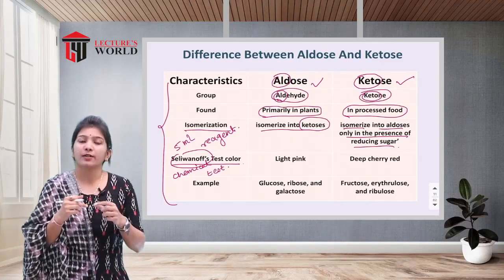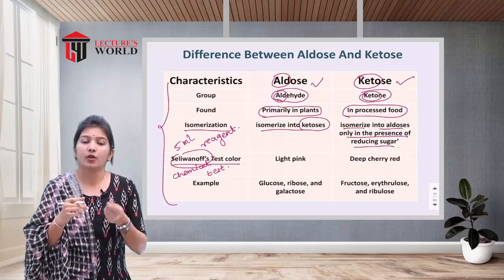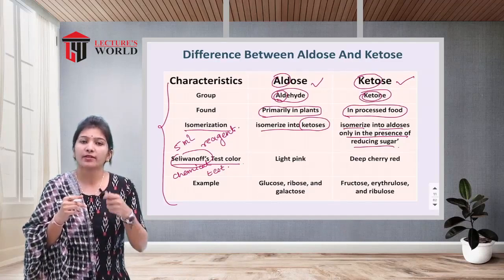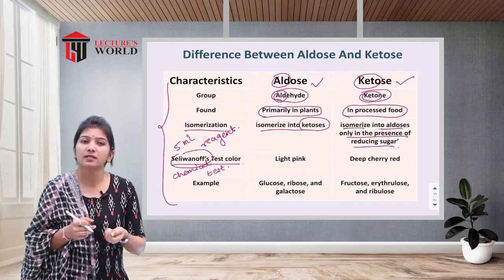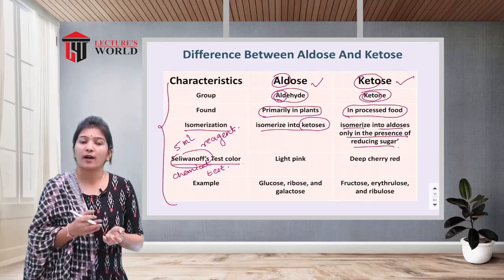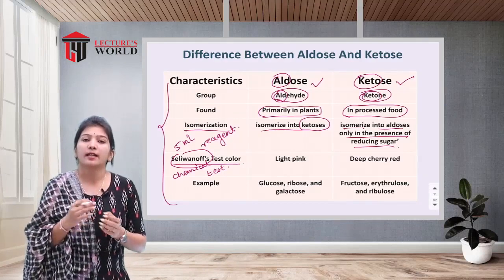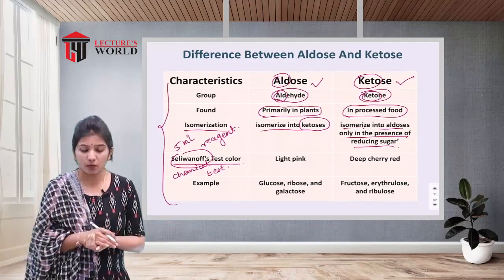After that you need to apply heat for 30 seconds, and then let it cool. After cooling, if there is a change in color, that indicates whether it is aldose or ketose.